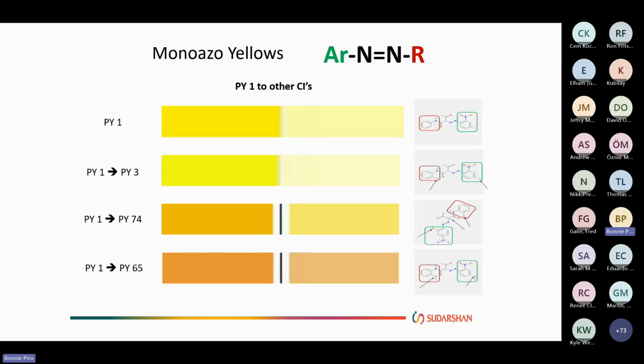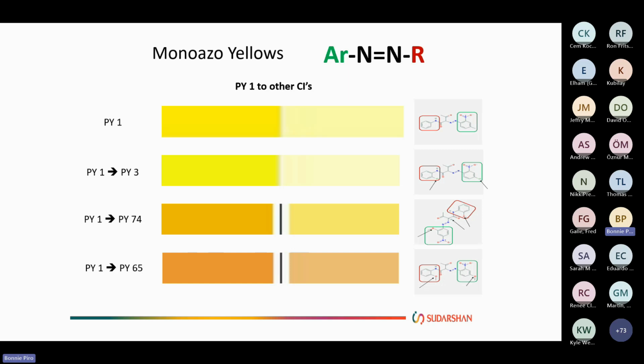So one of the things that I like to offer is how do we get from one color index to another? In the mono azo family, I consider the pigment yellow 1 as the base pigment structure. You can see that molecular structure to the right-hand side and its color positioning.